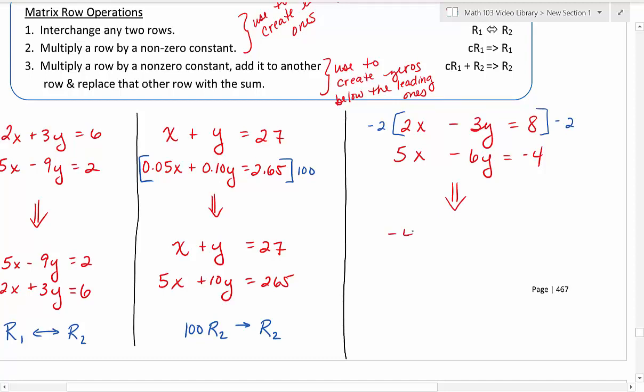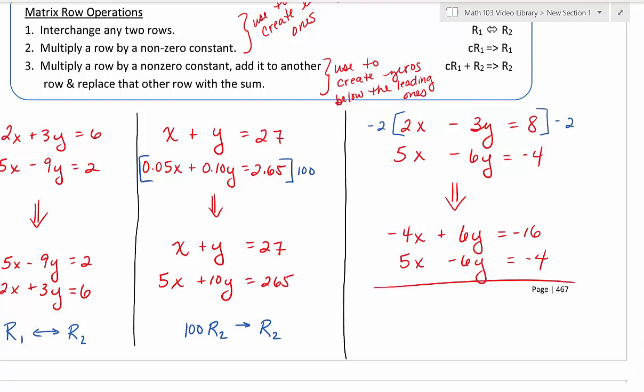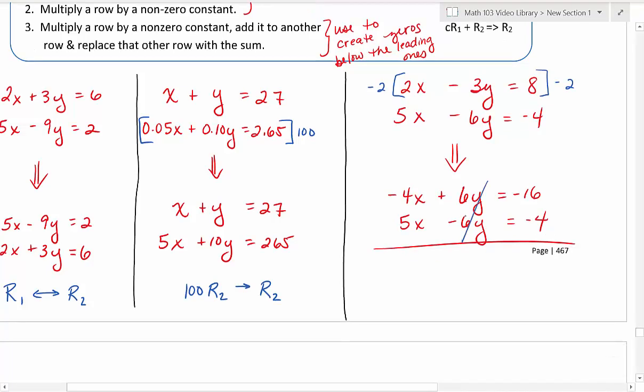That gives us a negative 4x plus 6y equals negative 16, and 5x minus 6y equals negative 4. We would then add down, the y's fall out, leaving us with x is equal to negative 20.